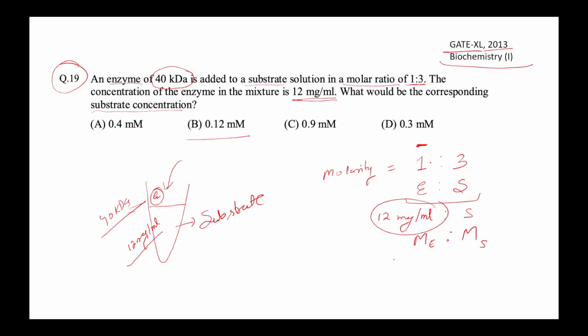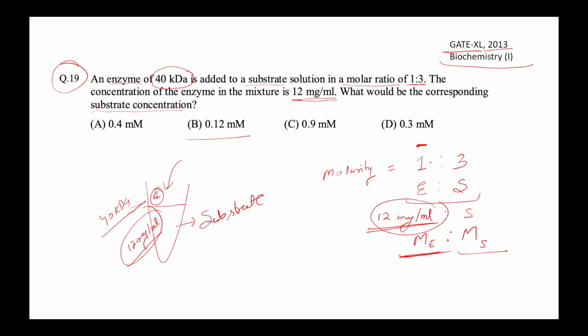But the enzyme amount is given as 12 mg per ml. This is the final concentration. How much molarity they have used is not mentioned. So we have to find out the molarity of the enzyme, and then the molarity of the substrate can be found.